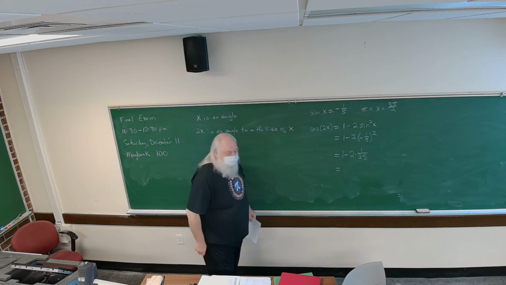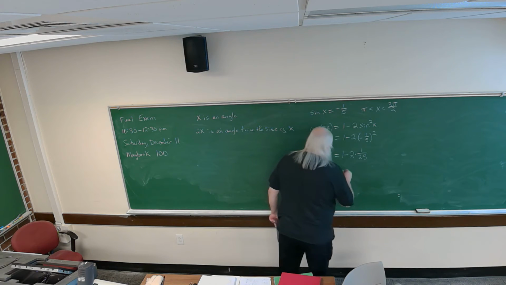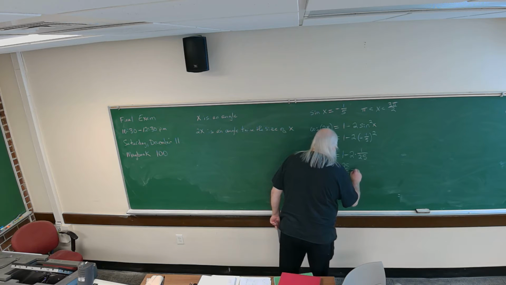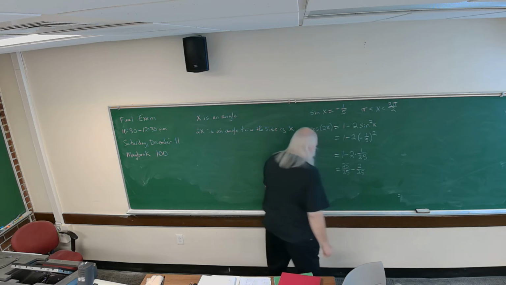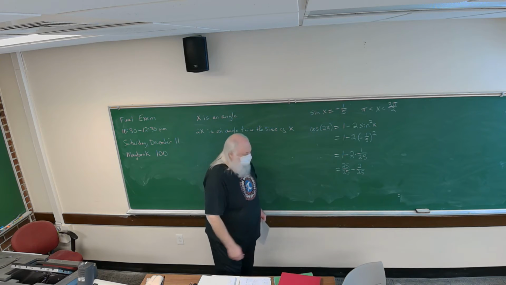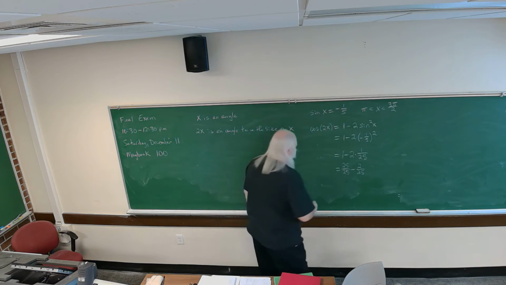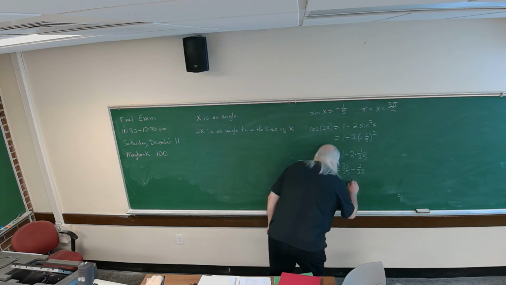And now we're just doing arithmetic at this stage. 1 is the same as 25/25. And then minus 2 times 1/25 is minus 2/25. And 25/25 minus 2/25 is 23/25. So the cosine of 2x is equal to 23/25.